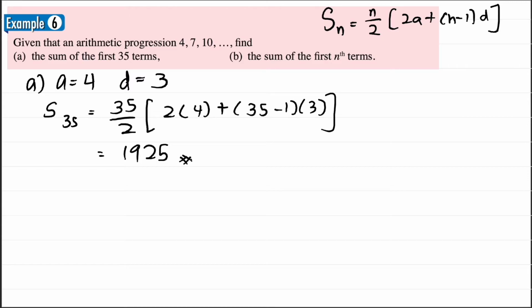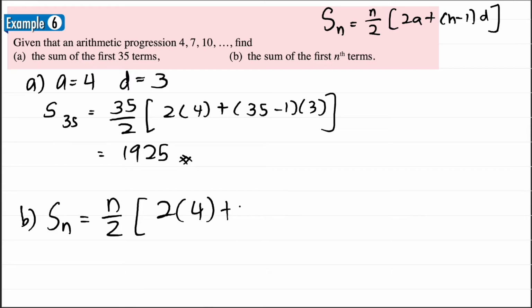So dia nak cari Sn kan. So Sn just masuk dalam formula je lah. N over 2, lepas tu 2 4 tambah N minus 1 lepas tu D dia 3 I think.